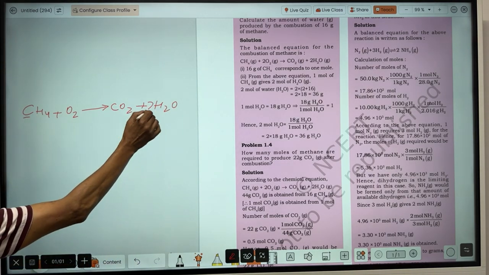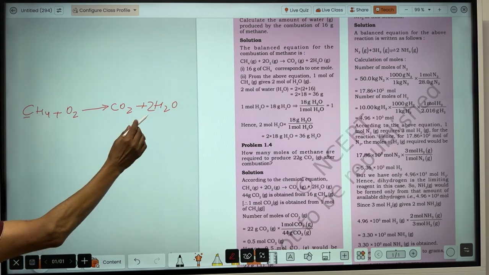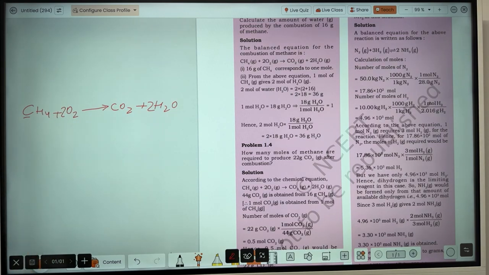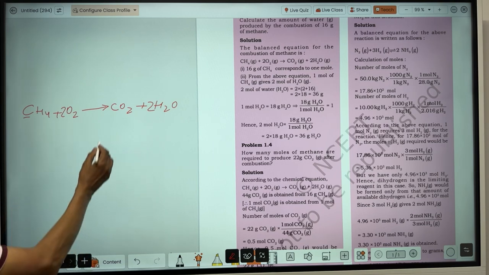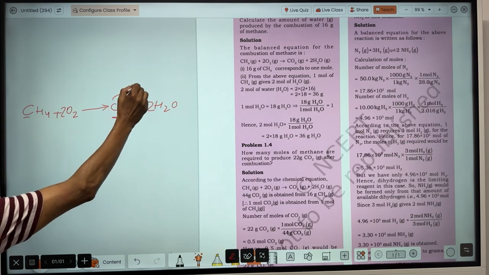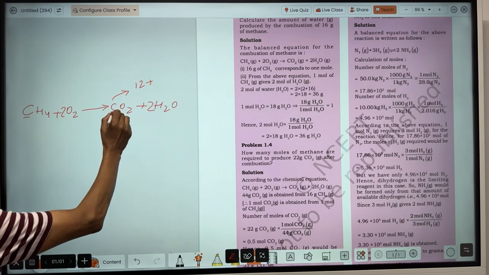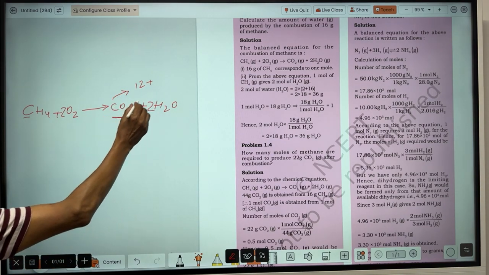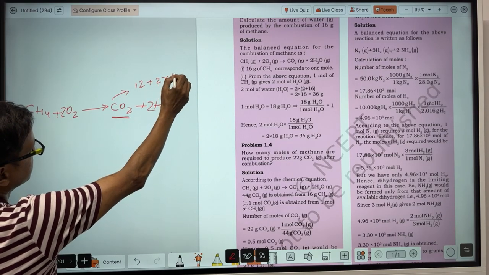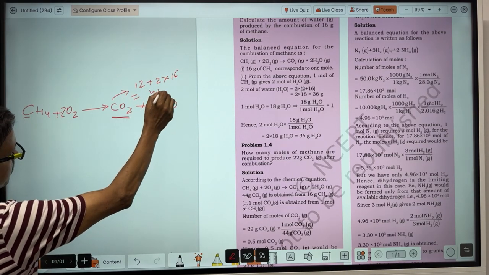So here 2 and here also 2. The molecular weight of CO2 will be 12, because the atomic weight of carbon is 12, plus 2 oxygen and the atomic weight of oxygen is 16. That will be 44.